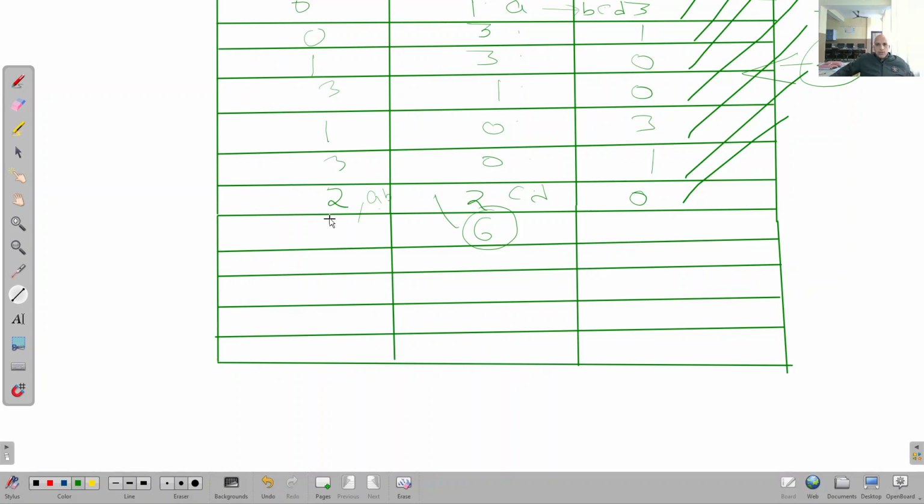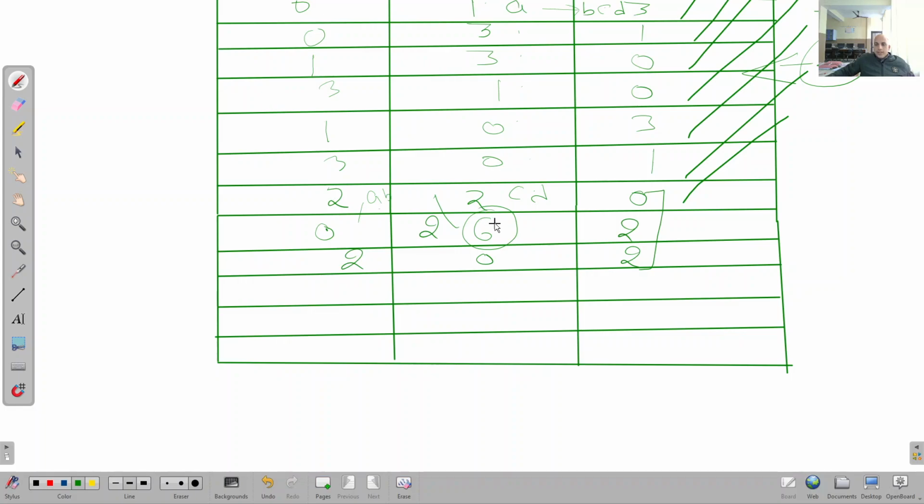So it was 220. So we can have 0, 2, 2, and then 2, 0, 2. So 3 different macro states are there.